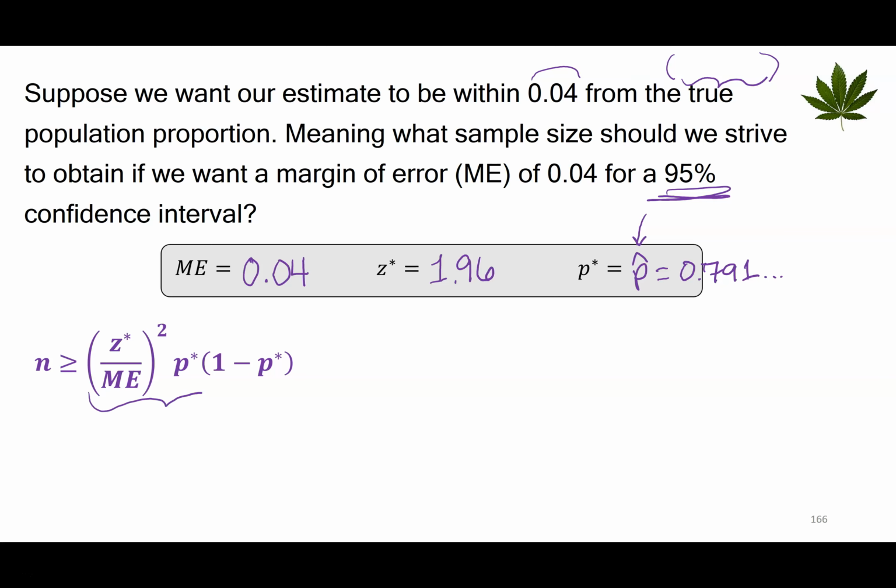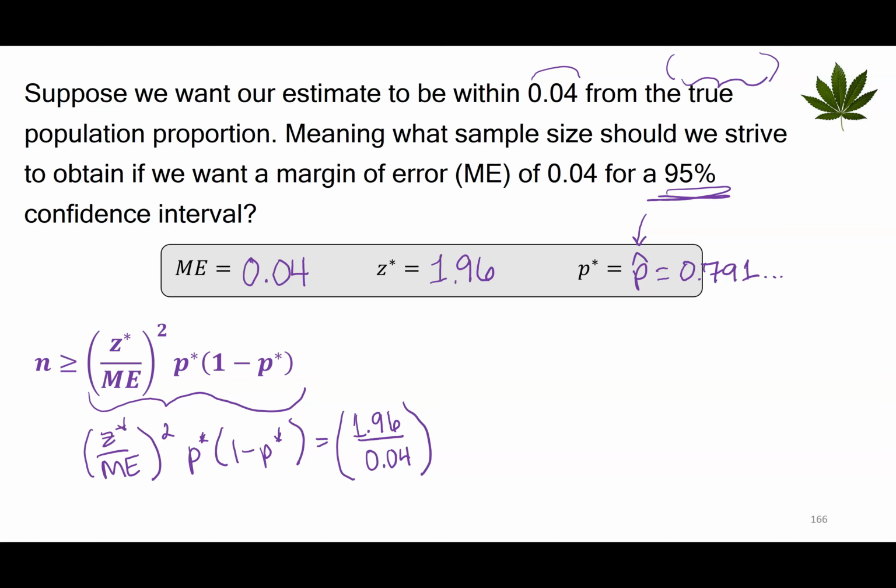So you are going to plug in everything here on the right hand side. So this is going to be z star over margin of error, squared, times p star times 1 minus p star. That's equal to 1.96 for z star over 0.04 for my margin of error. Square that.